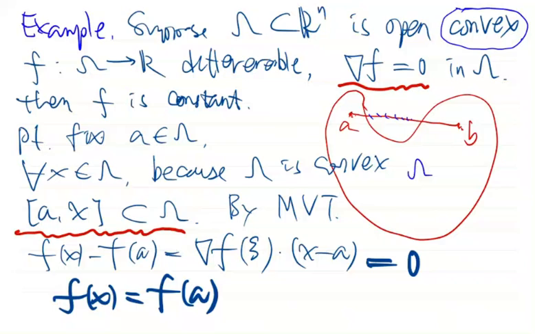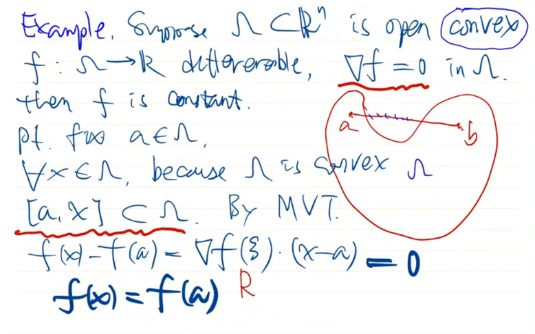But I will tell you that even if omega is not convex, the conclusion is still true. If omega is only open and a differentiable function has identically 0 gradient, then it must be a constant function. This is also true, but the proof is slightly more difficult than this one.